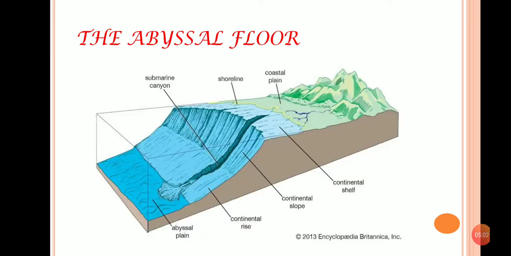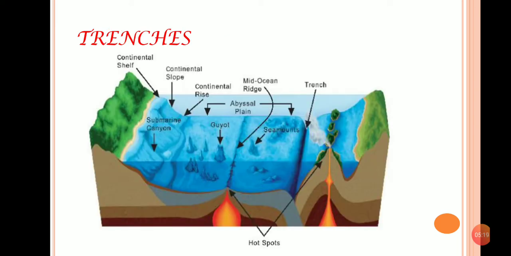Next, abyssal floor. Vast areas of the deep ocean consist of broad, relatively smooth surface known as the abyssal floor. The abyssal floor extends from the flanks of the oceanic ridge to the continental margins, generally lying at depth of from about 3 to 5.5 km.